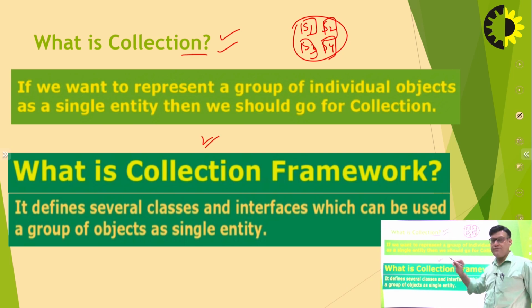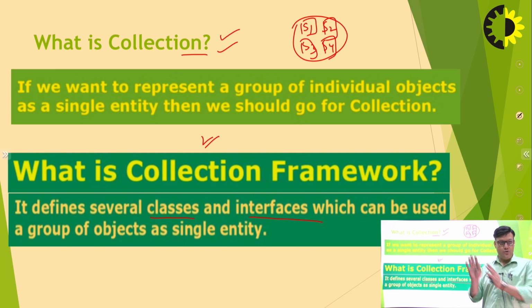Secondly, what is collection framework? Now we want to represent this group of individual objects as a single entity. Now we used to define how we are going to use it, how we are going to implement these collections. So for using these collections, I need a number of classes and interfaces. So under this collection framework, we used to define those classes and interfaces. Okay students, it defines several classes and interfaces which can be used by a group of objects as a single entity.